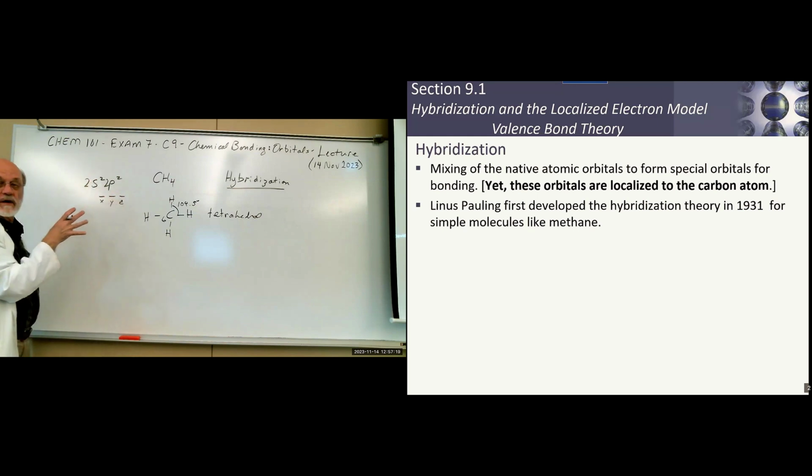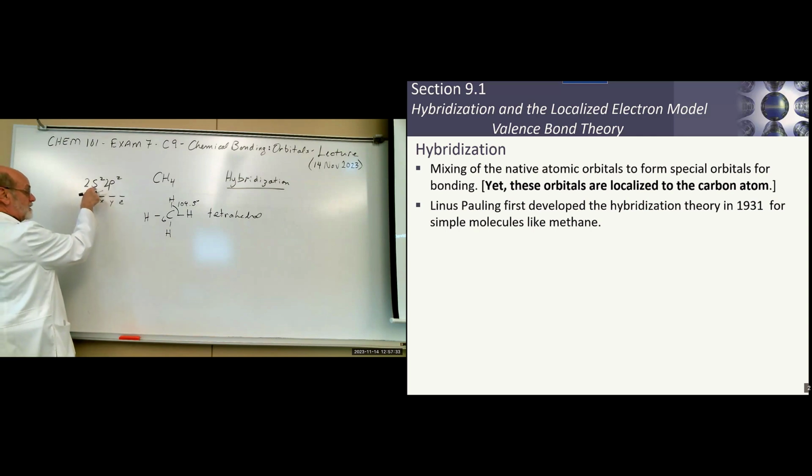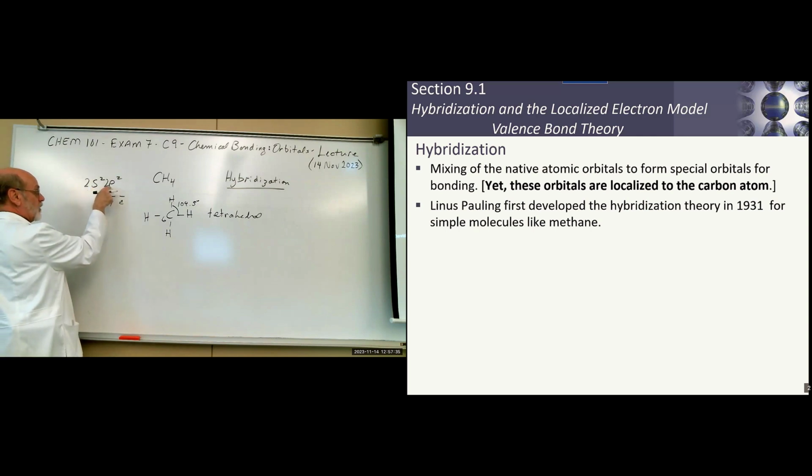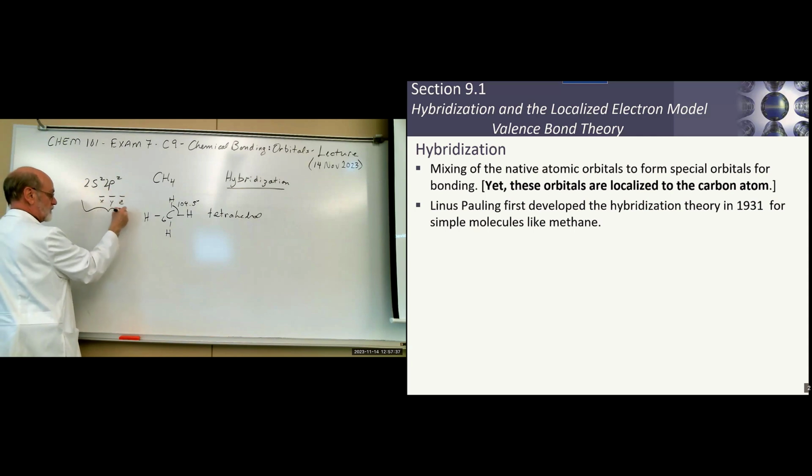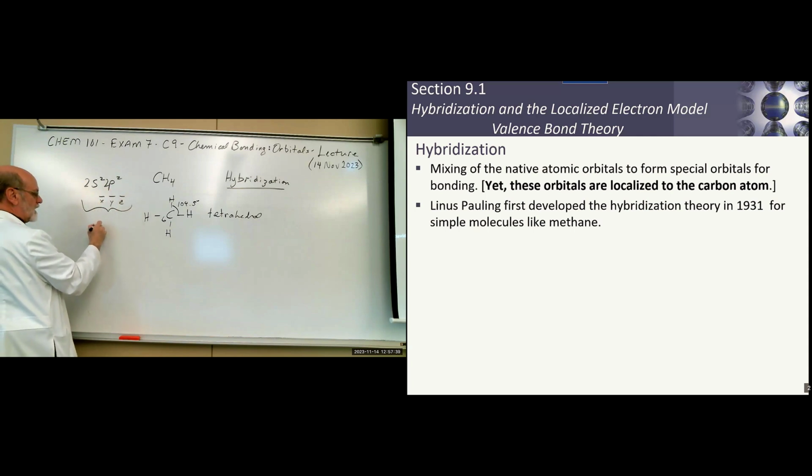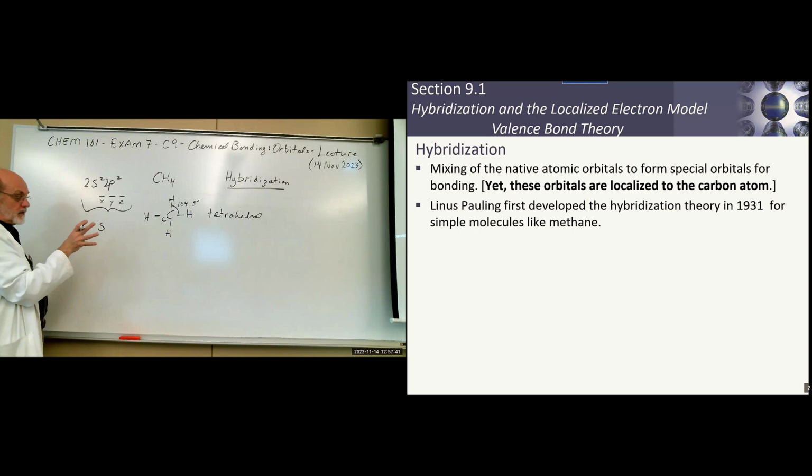So we got 4 atomic orbitals to start with. And we need 4 hybrid orbitals that will be equivalent. So we just base our name upon the atomic orbitals. Now we're going to produce hybrid orbitals here, and we're going to have 4 of them, because there are 2 electrons and 2 electrons.